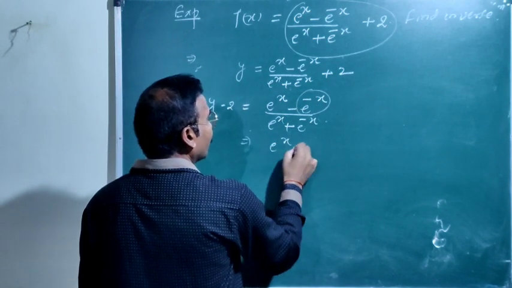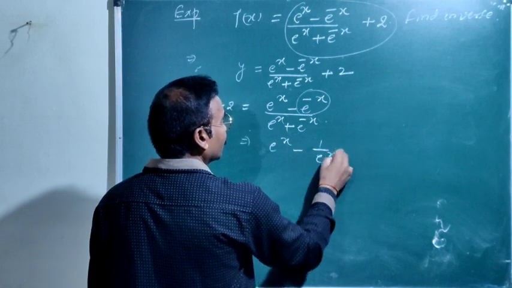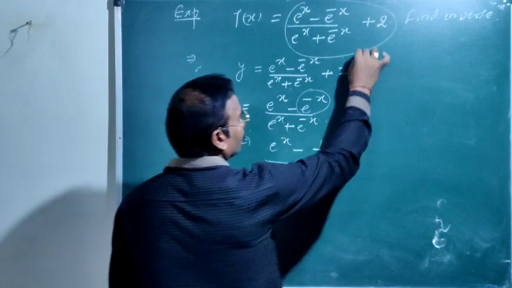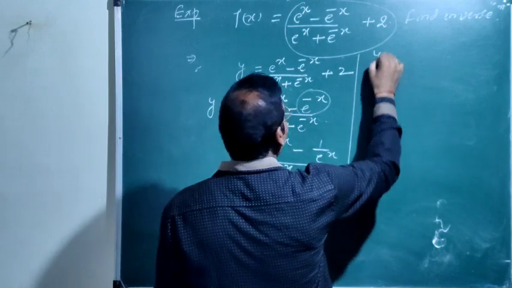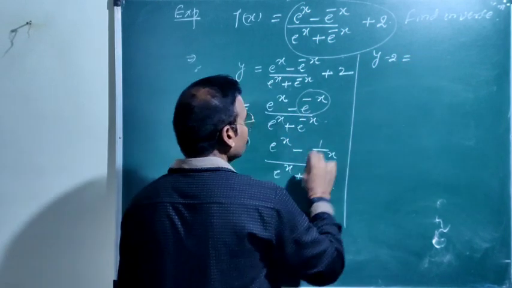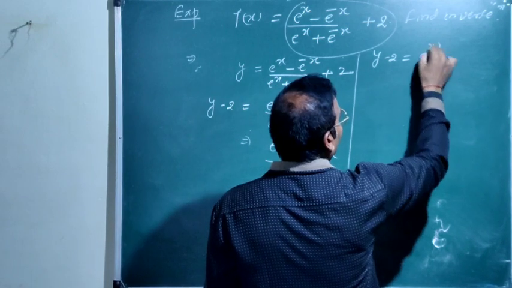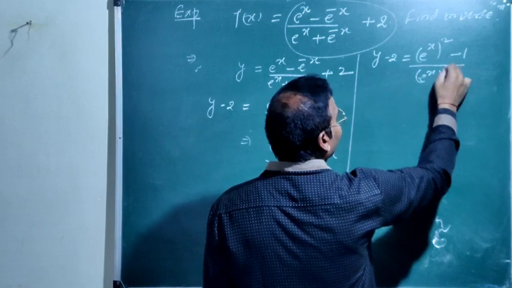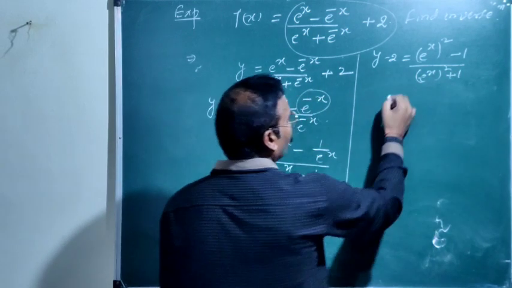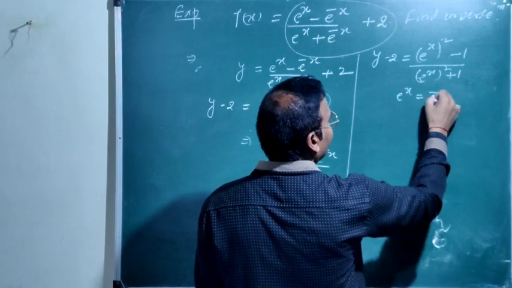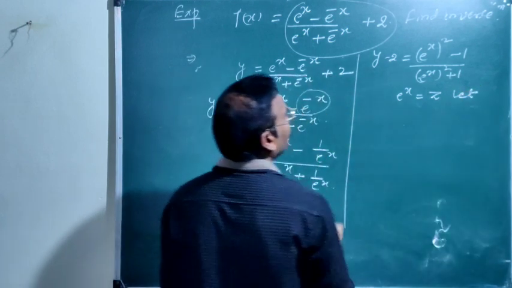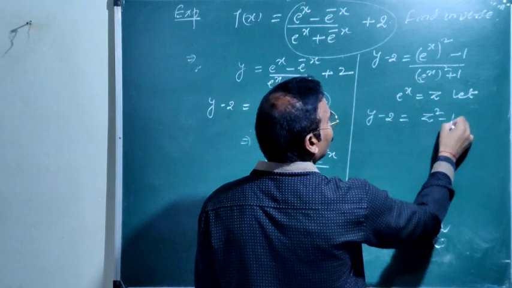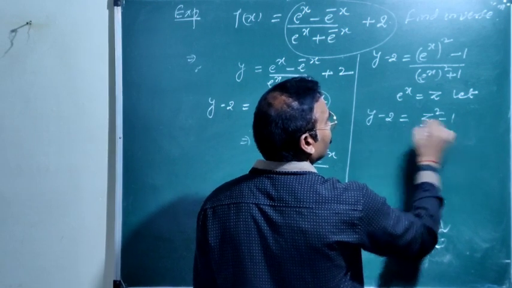Okay, so e raised to x minus 1 upon e raised to x, and e raised to x plus 1 upon e raised to x. Now y minus 2 equals ((e raised to x) whole square minus 1) upon ((e raised to x) whole square plus 1). Now take e raised to x equal to z. Suppose that. So y minus 2 equals (z square minus 1) upon (z square plus 1).